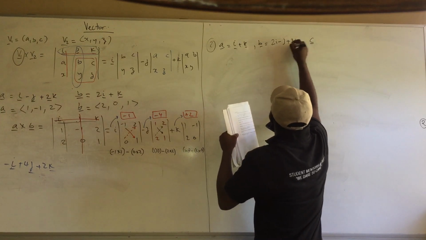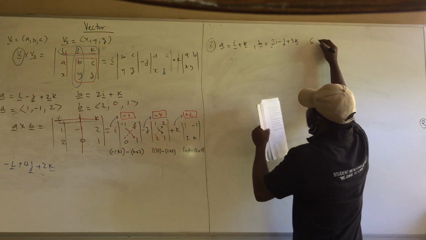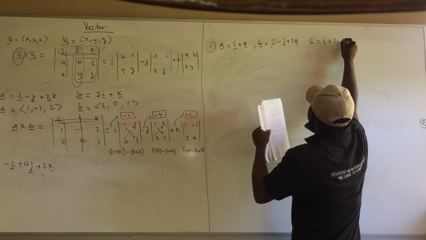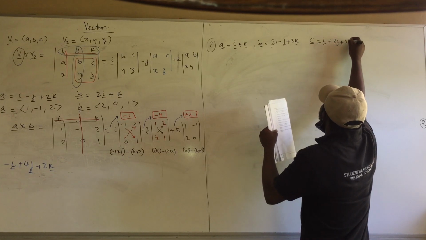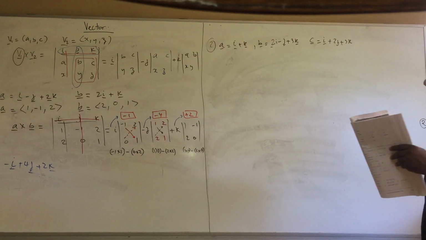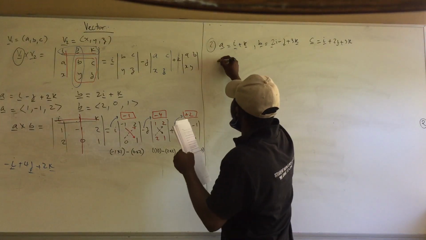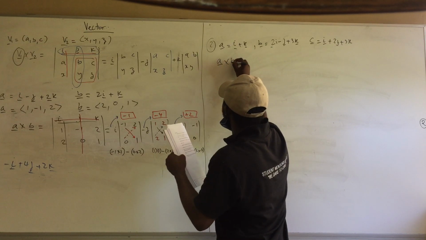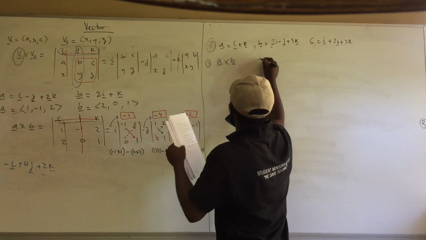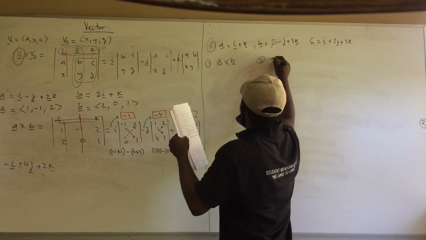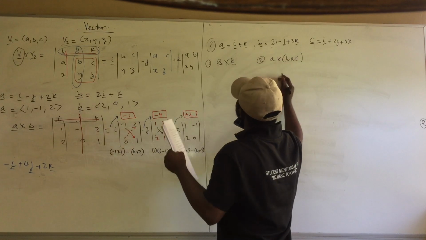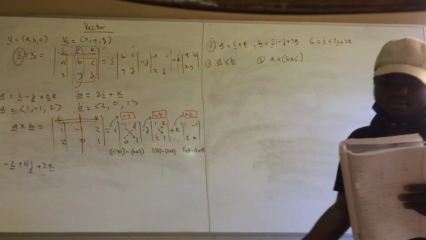And then vector C is equal to I plus 2J plus 3K. Now they ask you to find A cross B, and this is 1, and then 2 will be A cross B cross C. Let's find this.